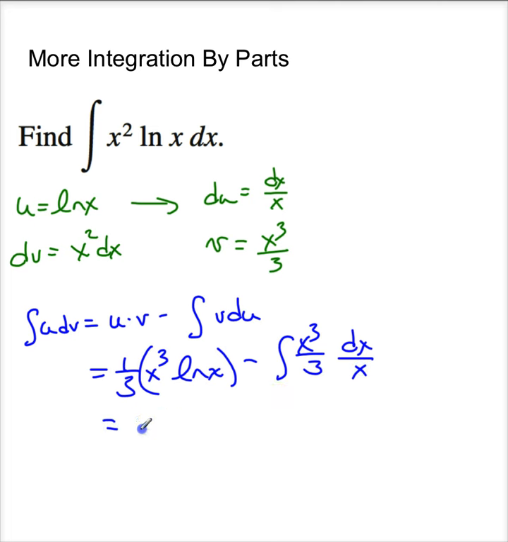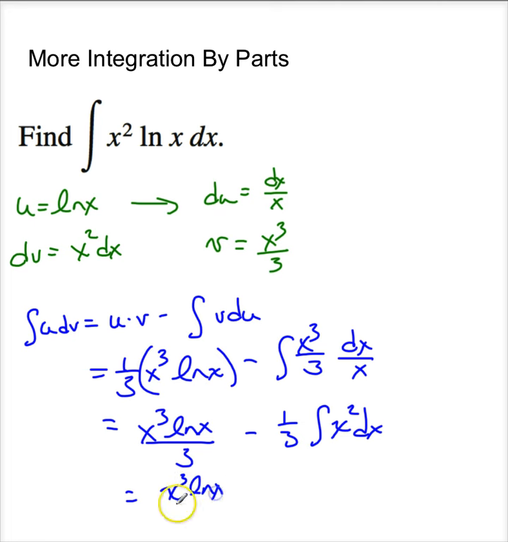Let me rewrite this as x cubed natural log of x over 3. I don't care if you leave that factored out there, that's fine. Minus 1/3 the integral of x squared dx. So this is going to simplify quite nicely as x cubed log of x over 3 minus, this is going to be 1/3 divided by 3, so 1/9 x cubed plus c.